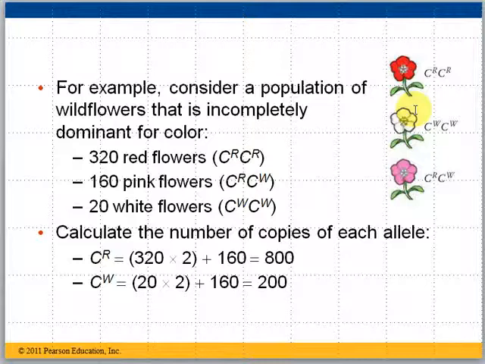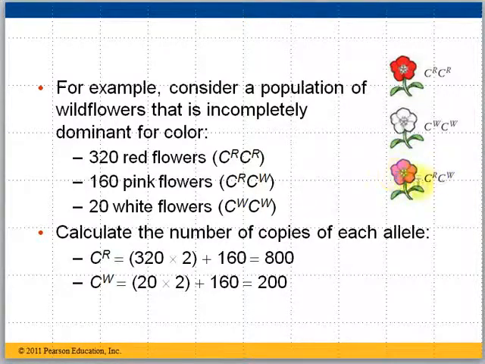We'll go slow here. Let's go back to a population of wildflowers that is incompletely dominant for color. You can have red flowers, if they are homozygous dominant, white flowers, if they are homozygous recessive, and pink flowers, because remember we have incomplete dominance here, if they are heterozygous.